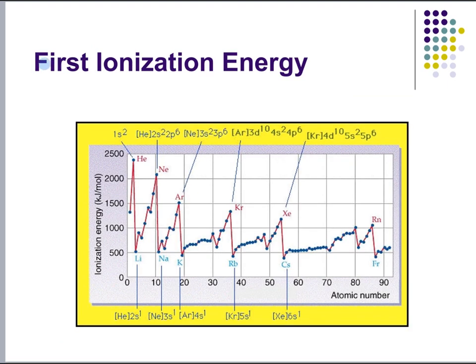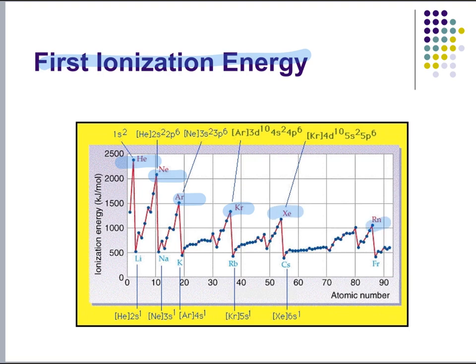This is a graph of first ionization energies for the atoms on the periodic table, meaning it is how much energy it takes to remove the very first electron, only one electron, from the atom in the gaseous state. Let's take a look at some of the peaks on this graph. Helium, neon, argon.